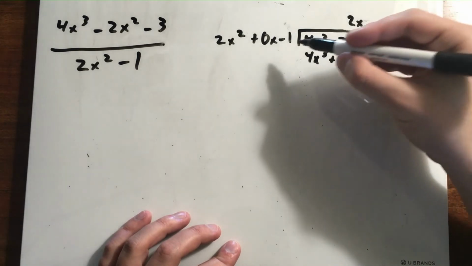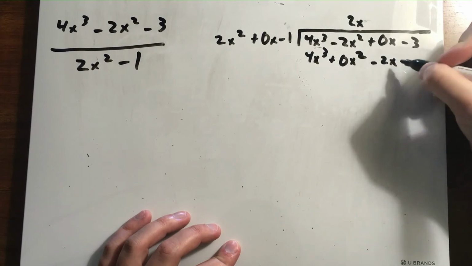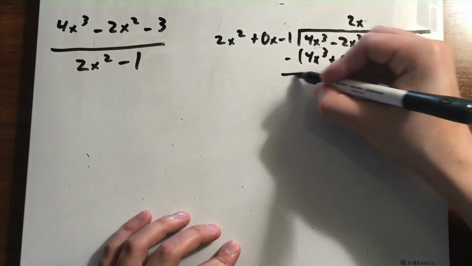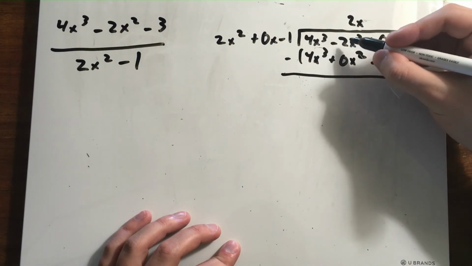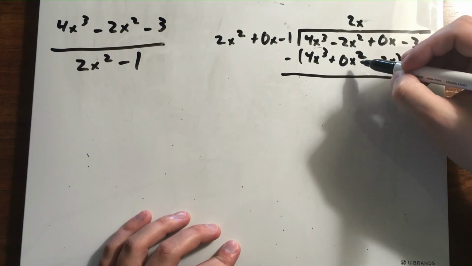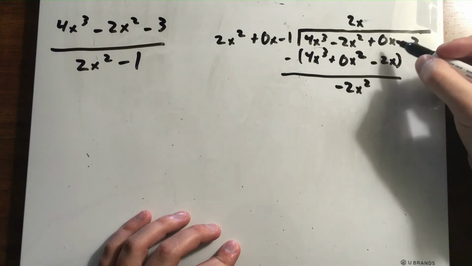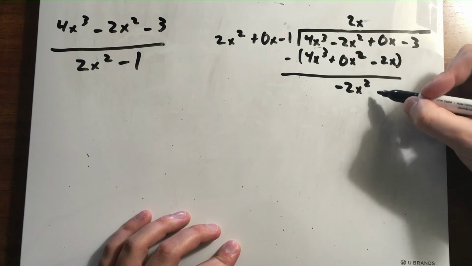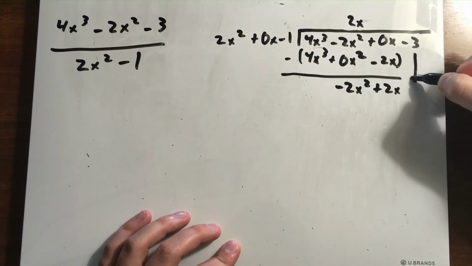And 2x times negative 1 is negative 2x. Let's put all this in parentheses, subtract. This will be 0. Negative 2x squared minus 0x squared will leave us with negative 2x squared. 0x minus negative 2x will give us positive 2x. And we'll bring this negative 3 down.